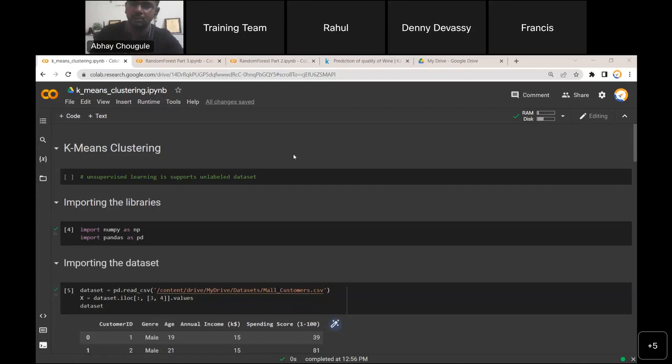Suppose you pass one person in between Rahul and Abhay, and you have to find out whether he is Rahul or Abhay. Then you will find the nearest person out there. That's it. KNN and k-means are different. KNN is based on a labeled data set. K-means is on the basis of an unlabeled data set.